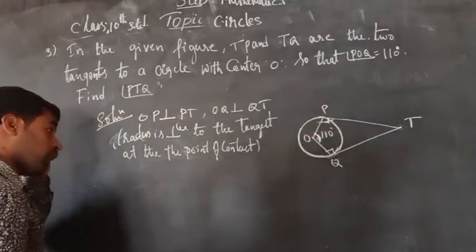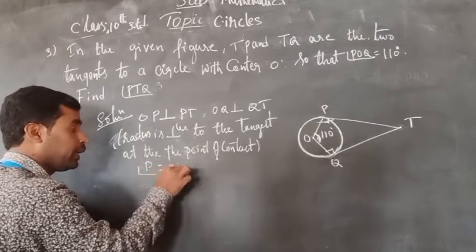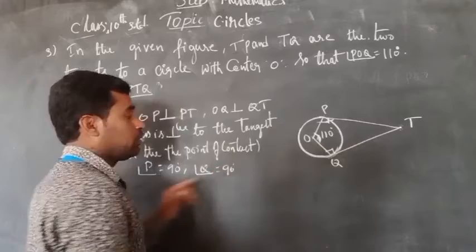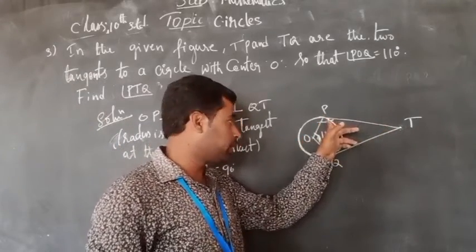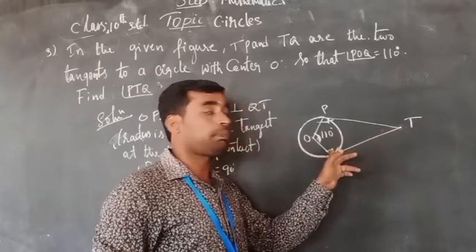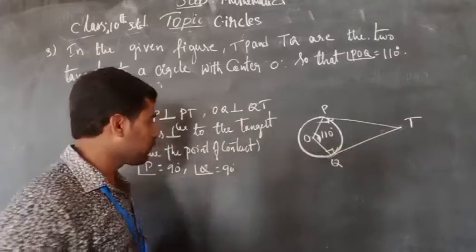Now we can write angle P is equal to 90 degrees and angle Q is also equal to 90 degrees. This is because the radius is perpendicular to the tangent, therefore it measures 90 degrees. OQ is the radius which is perpendicular to the tangent at the point of contact. We know that by the first theorem.